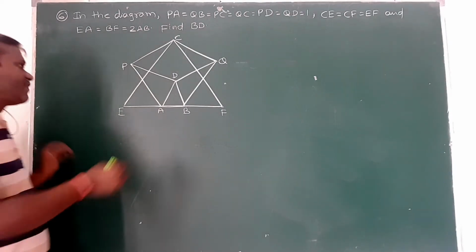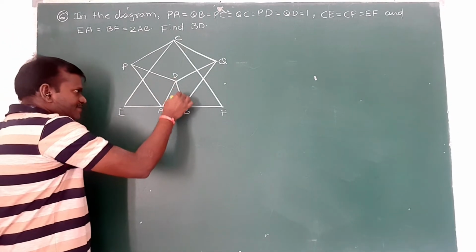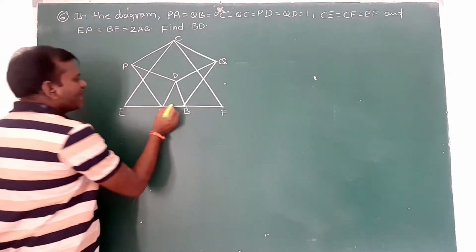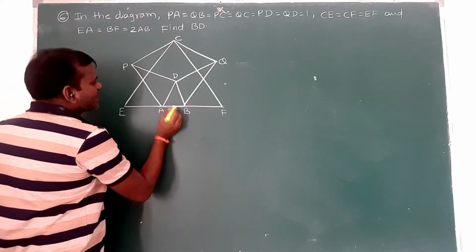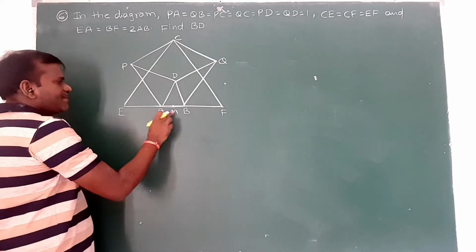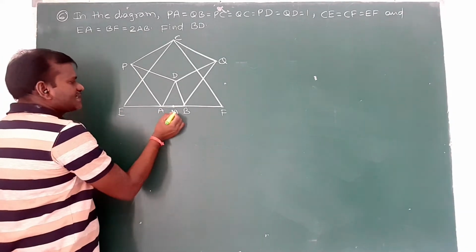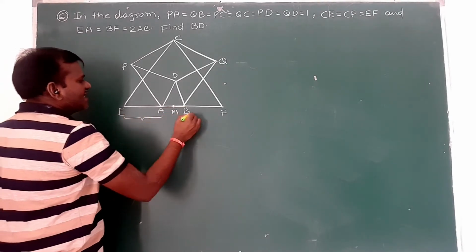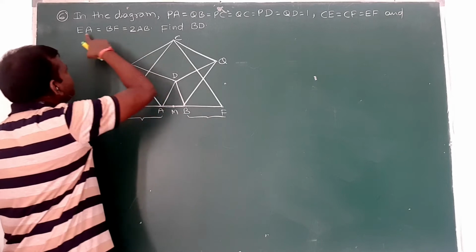My aim is to find the value of BD. So I am taking a midpoint here. Let M be the midpoint of EF. M is the midpoint of EF means M is the midpoint of AB also. Why? Because these two lengths are already equal, given in the problem.